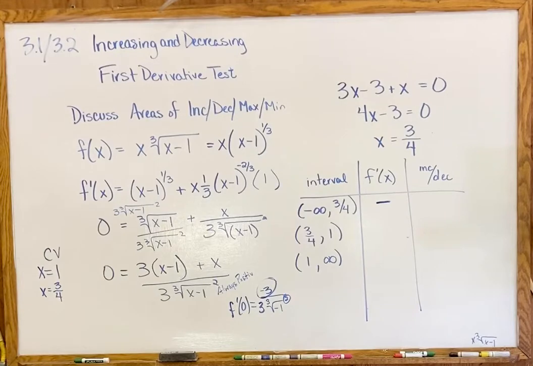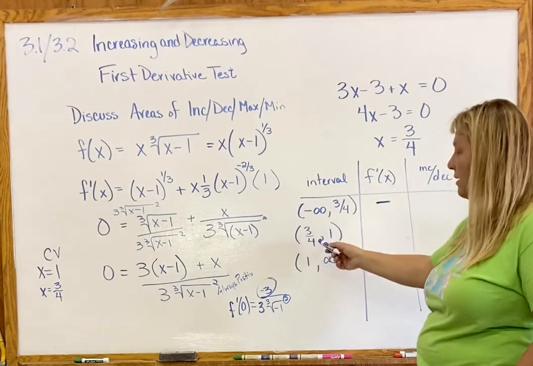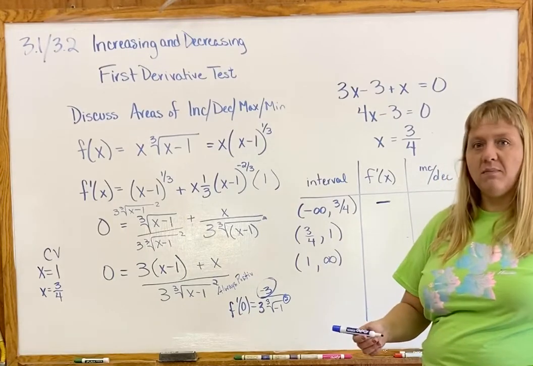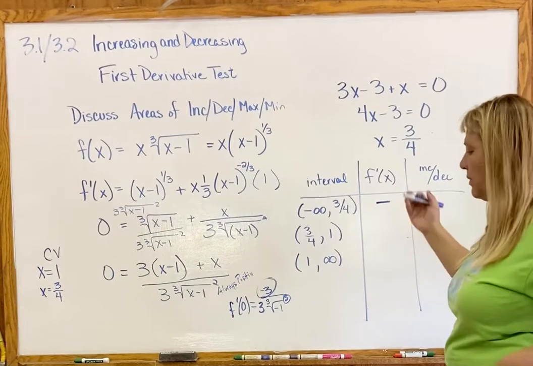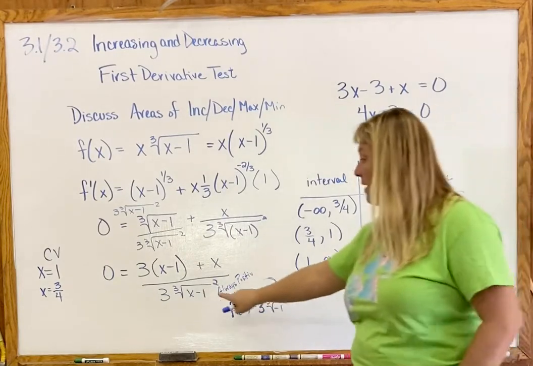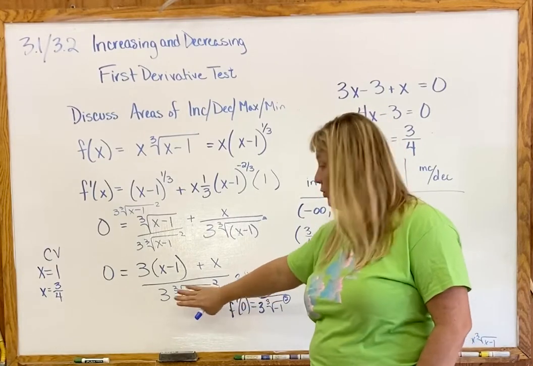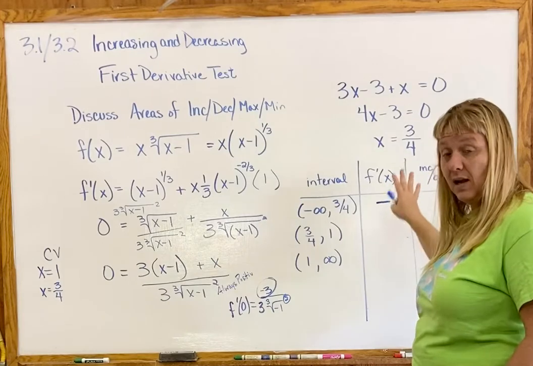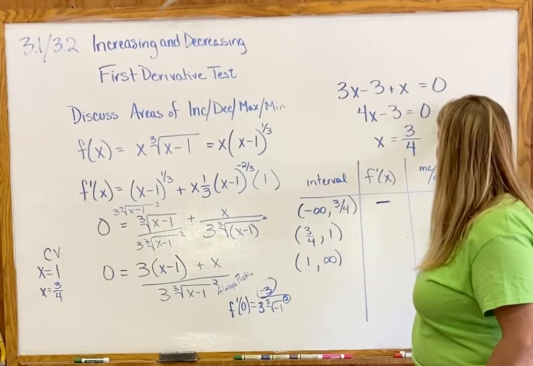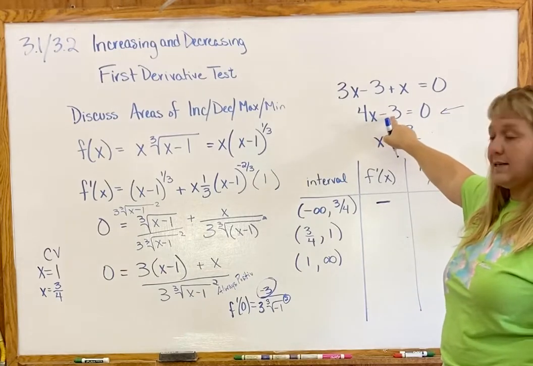Now we got to do the kind of crappy one, the 3/4 to 1. A number that's in there might be like 7/8, or even like 0.9. Maybe you want to do it with 0.9. Remember that this is always going to be positive, so do we care about it at all? It's not going to affect our derivative sign at all. So we could come up here and put in 0.9 right into this guy.